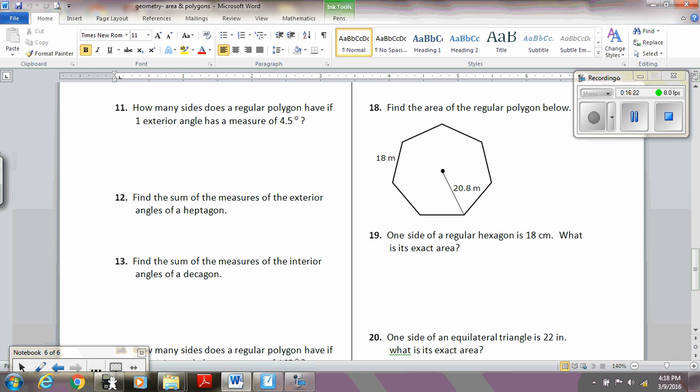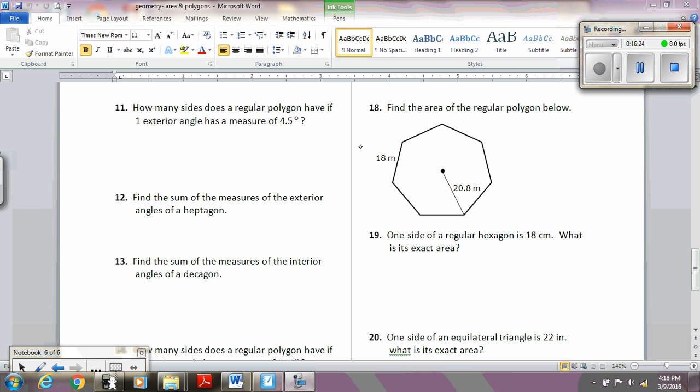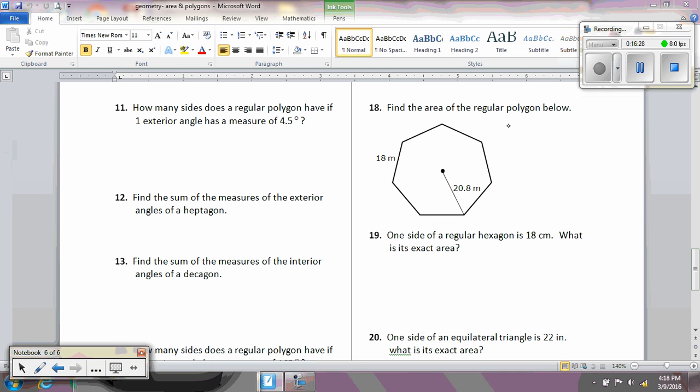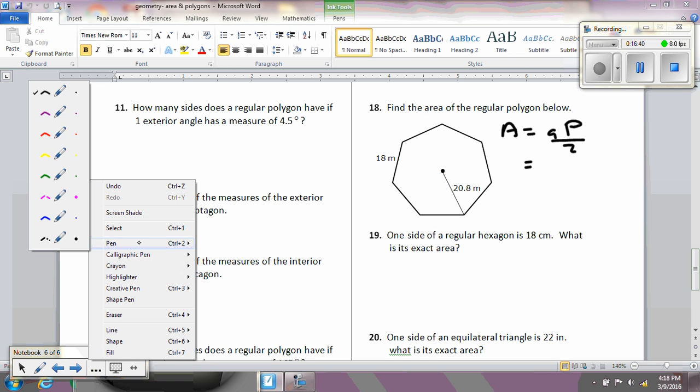Number 18 wants us to find the area of the polygon below. It's a regular polygon. So again, the area formula is apothem times perimeter divided by 2. The apothem is not shown on this picture, so we have to find it first.